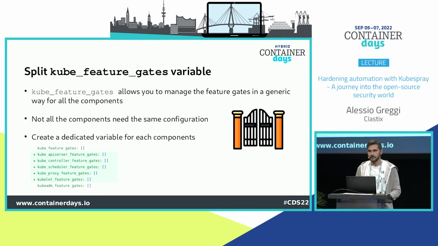And what happens, for example, if you have specific feature gates for the kubelet, for example, the kubelet in namespace or the SeccompDefault? These feature gates are present only on the kubelet, so you are not able to configure this component correctly with the KubeFeatureGates variable.